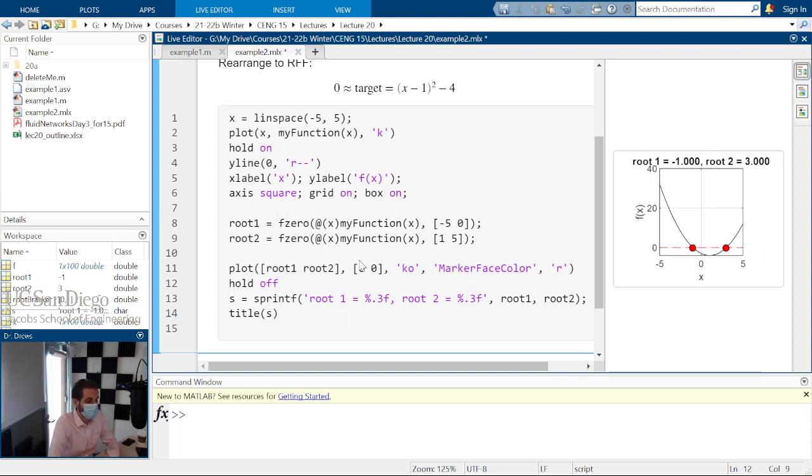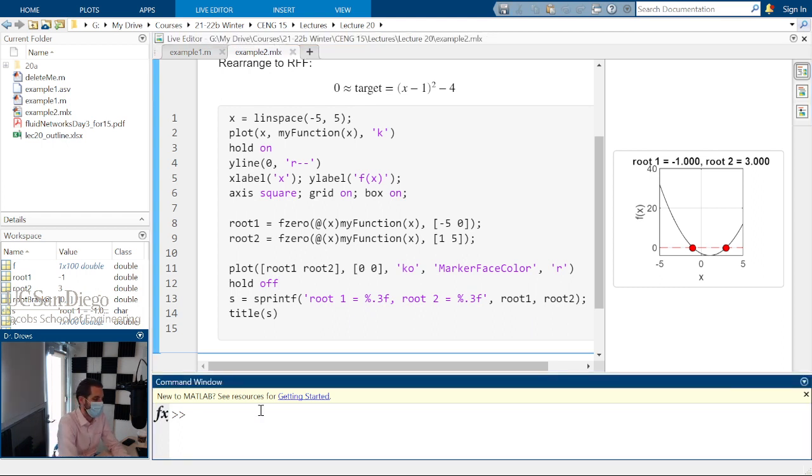MATLAB has done its best to find them as 1 and 3, but they are most likely a little bit off. It sort of depends on how accurate you need it to be, but it will often be accurate enough out to at least 6 or 7 decimal points that we just don't care most of the time. It is accurate enough for engineering purposes, and often beyond that as well.